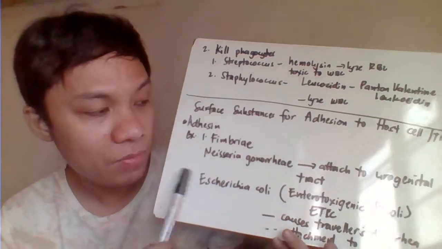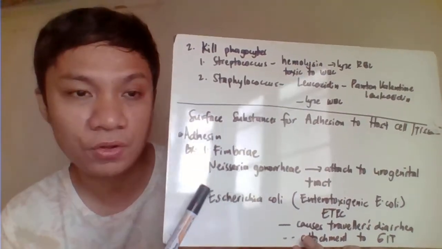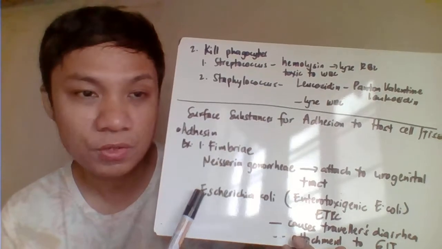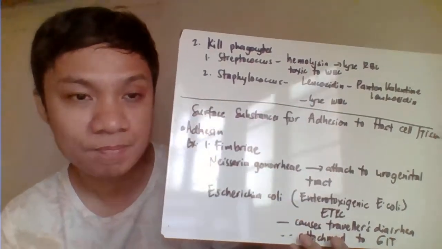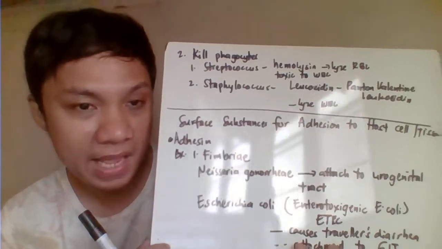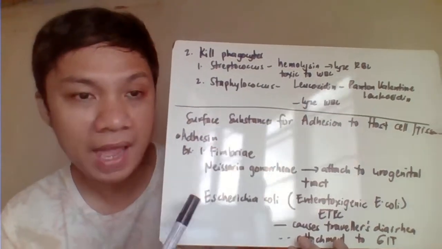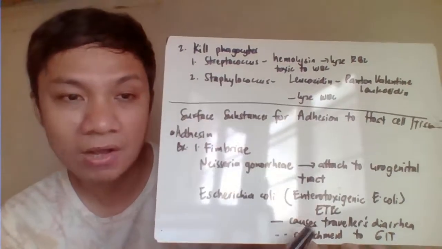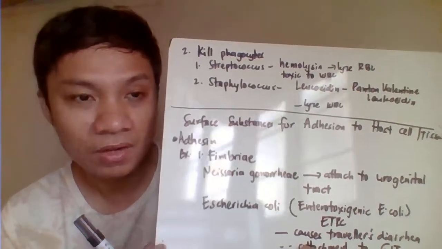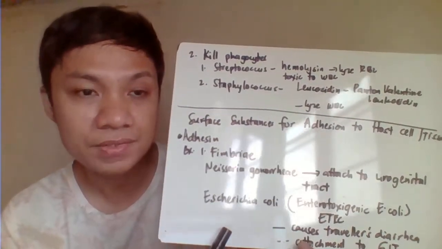Example of fimbriae, we have your Neisseria gonorrhoeae. It uses fimbriae in order to attach to your urogenital tract and cause gonorrhea. Another one, your ETEC, your enterotoxigenic E. coli strain, responsible for traveler's diarrhea.